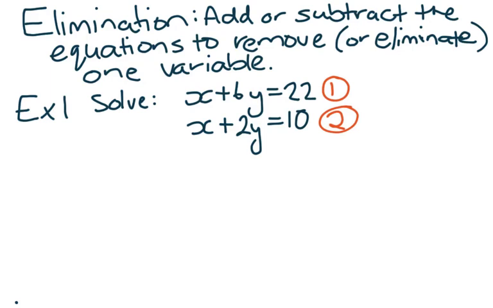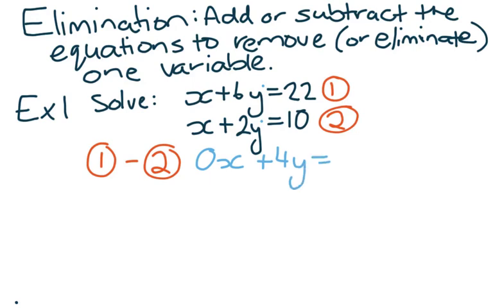We can do that by subtracting 1 from 2, or 2 from 1, sorry. So we're going to have x take away x, which gives us 0x. Then we do 6y take away 2y, which is 4y. And then 22 take away 10, which gives us 12. Now, the 0x I've only written in there for the notes purposes.